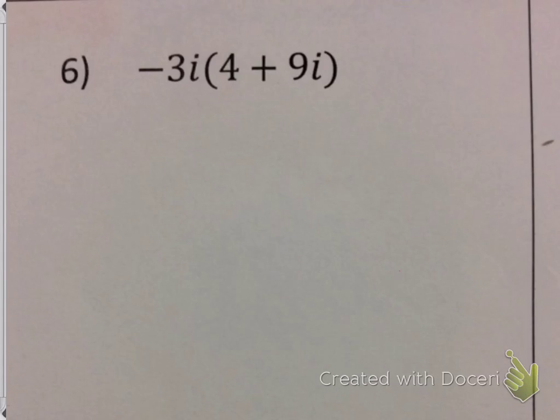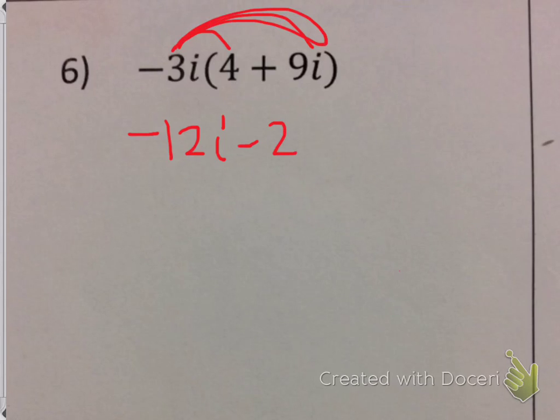The last problem is a distributive property problem. We're just going to multiply that through. A negative 3i times 4 would be a negative 12i. And then we have a negative 3i times 9, which would be a negative 27i squared. When we see the i squared, we're going to replace that with a negative 1, so this would be multiplied together.